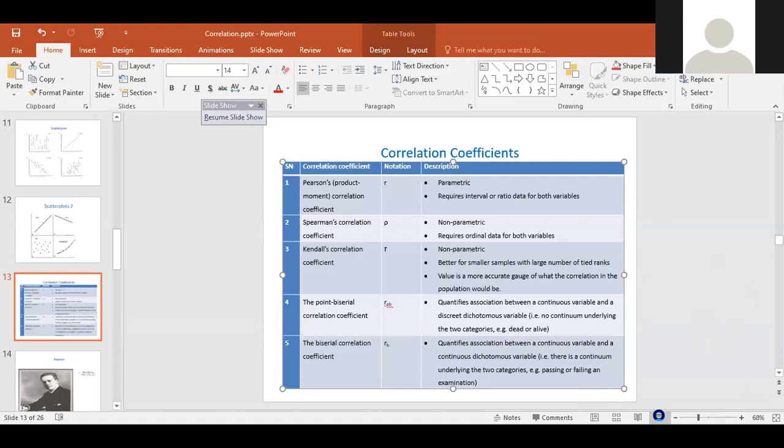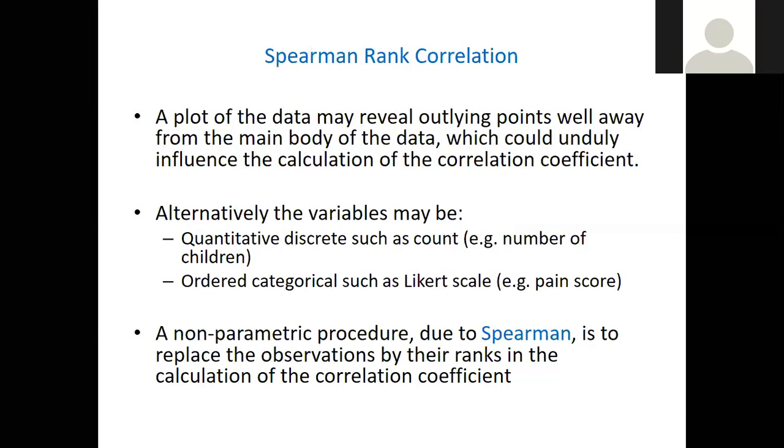Yes, sir. Okay. Now, let's look at the Spearman correlation. It's an alternative way. When you are dealing with quantitative discrete data, such as number of children, sometimes it may be appropriate. Number of children is a discrete variable.